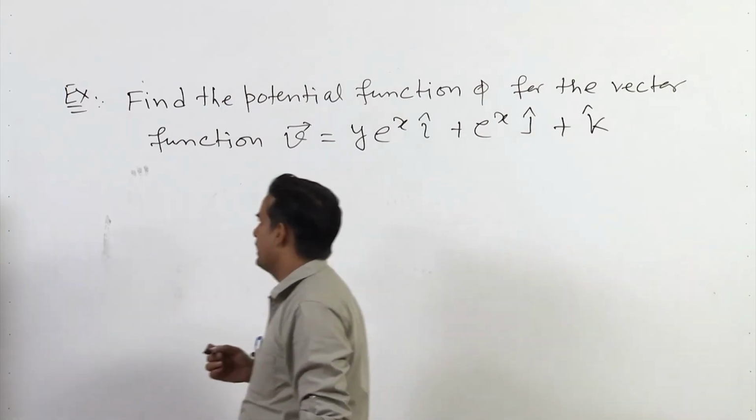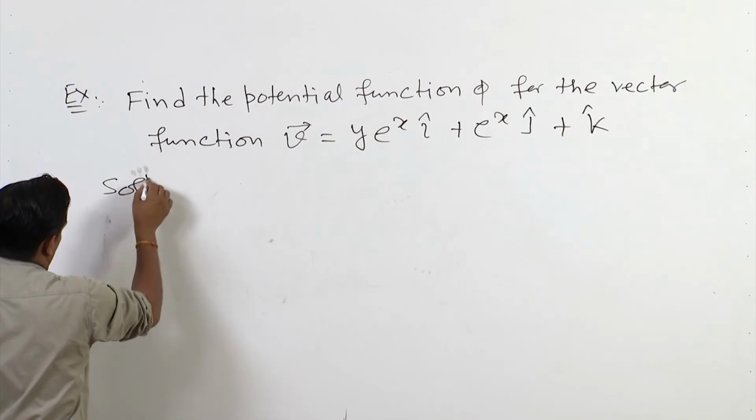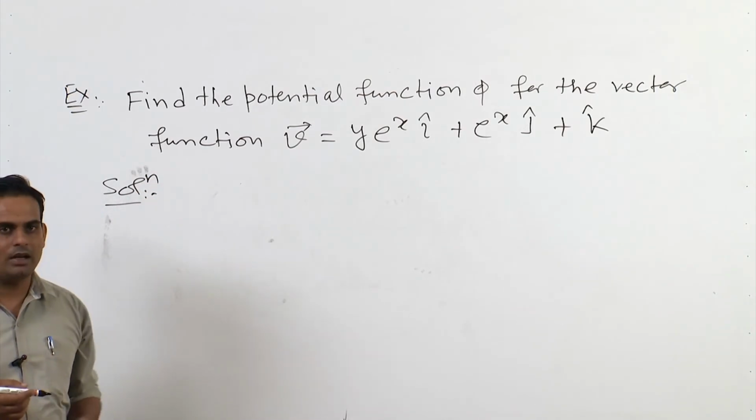So, 1 is there in the direction of k. So, let us do it as we have done in the previous example.